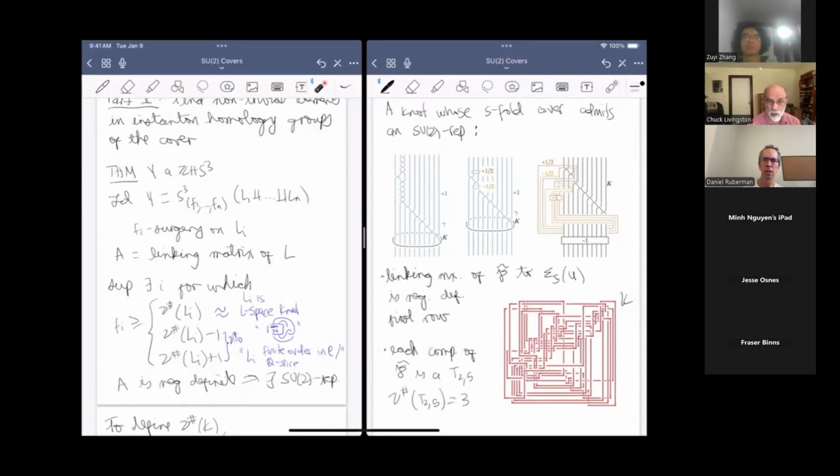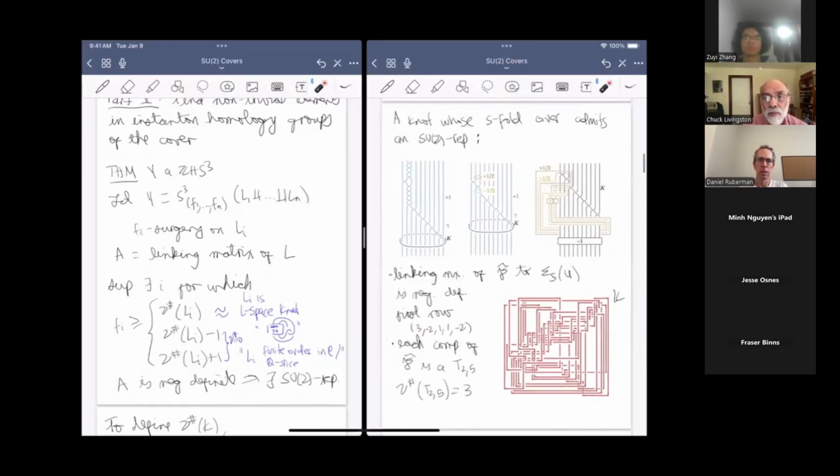And this has first row 3, 2, 3, -2, 1, 1, -2. And so you see that the framing is exactly the nu sharp value of the knot type. And so that's how you can just construct the examples very easily.